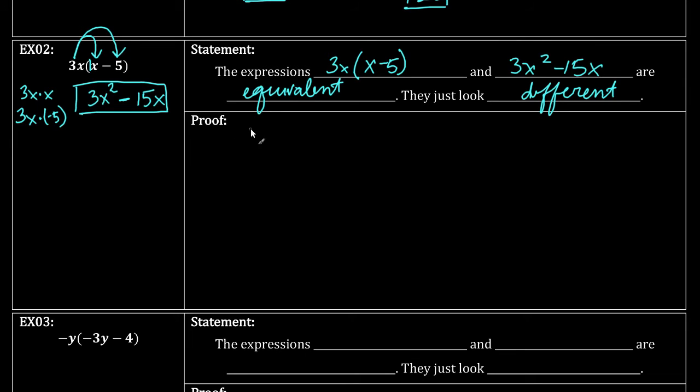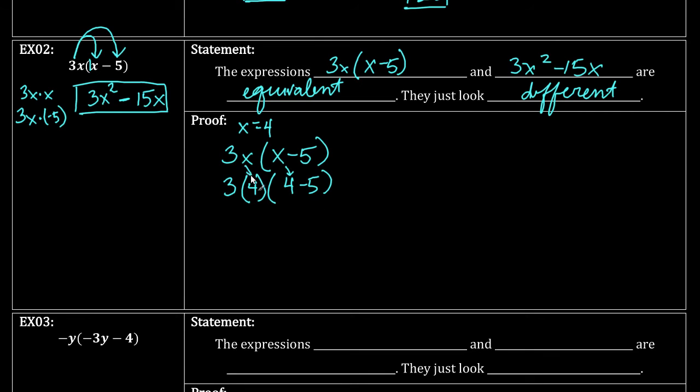This time let's choose a different number for x. Let's choose 4. So x equals 4. So instead of 3 times x times (x minus 5), we're going to write 3 times 4 times (4 minus 5).